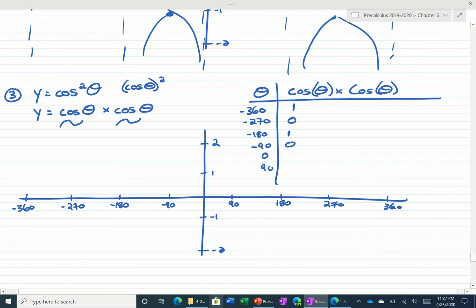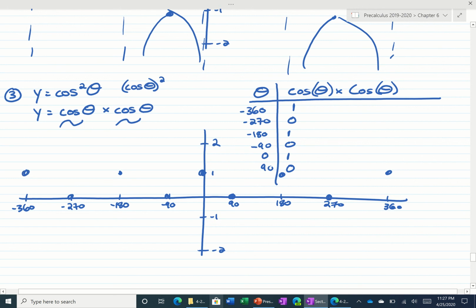I'm starting to see a pattern here. 0, store it. Starting to see 1. 90, store it. And that's 0. Okay. 1, 0, 1, 0, 1, 0. Okay, so at 0, it's 1, 0, 1, 0, 1.